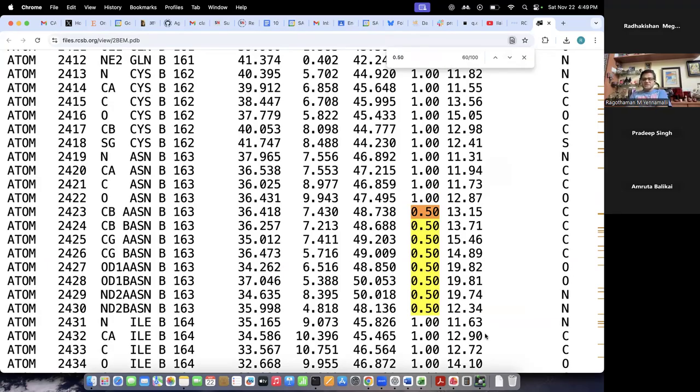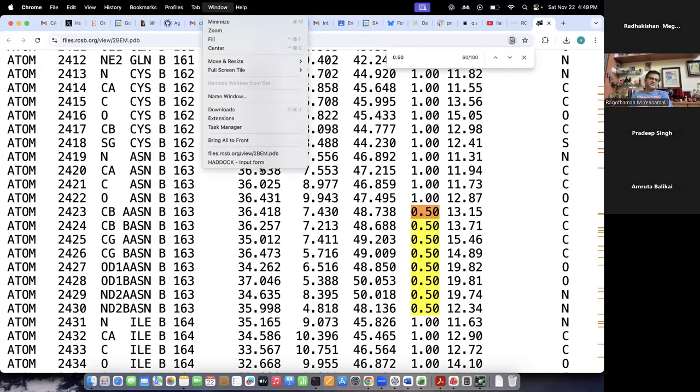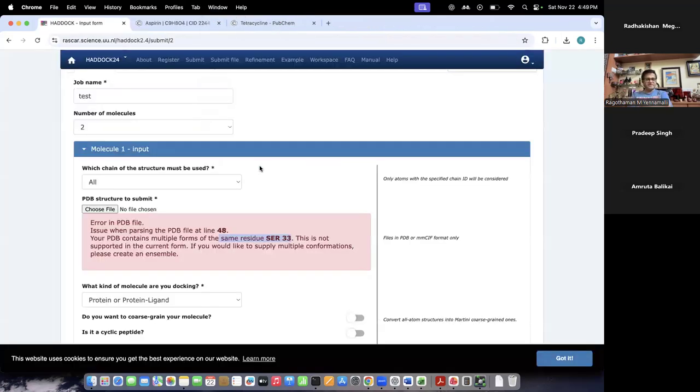In Haddock, it doesn't like this kind of thing. AutoDock will ignore it, Haddock doesn't ignore, DOCK will ignore, GOLD may not ignore. So it depends on the particular tool that you're using. If it throws an error like this, that means you have to process your PDB file properly.